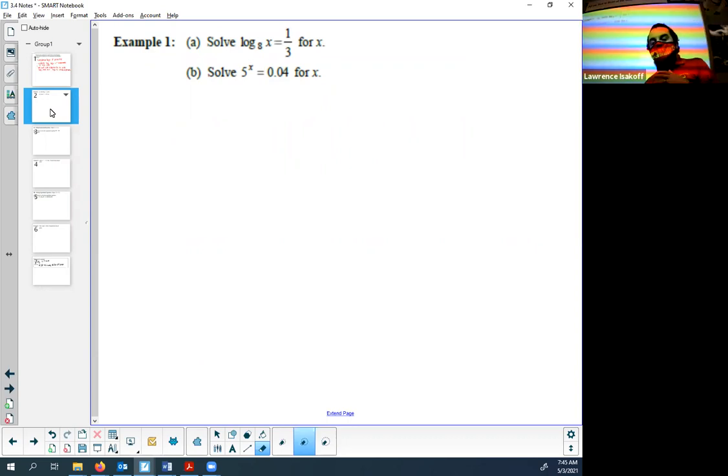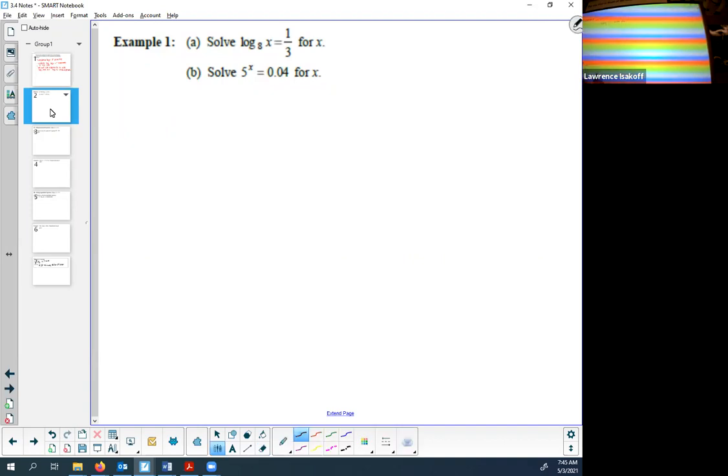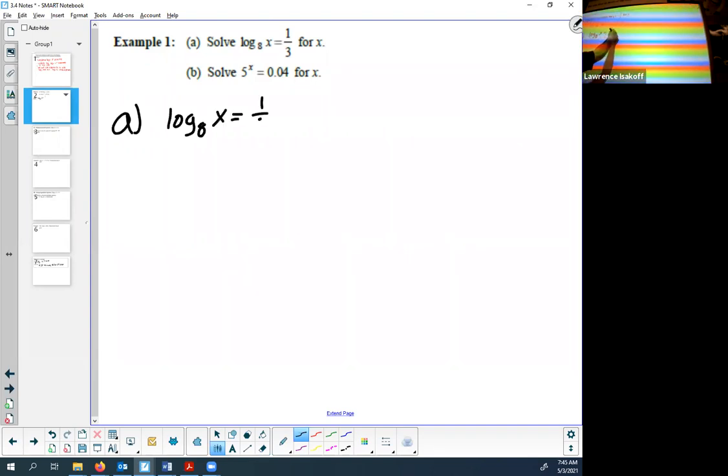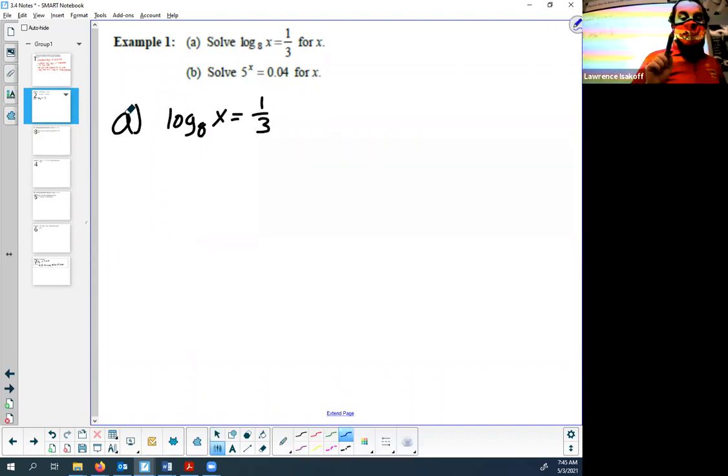With these, we can do it sort of like a rewriting fashion if we wish. It really doesn't matter. So A says log base 8 of x equals 1/3. Here I notice the base of this is 8.